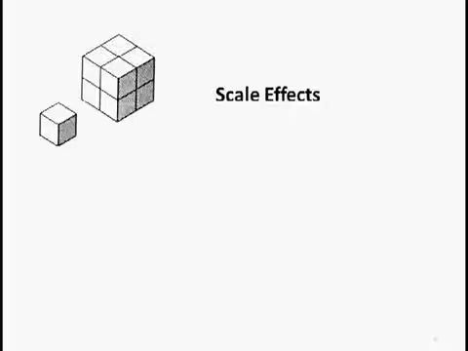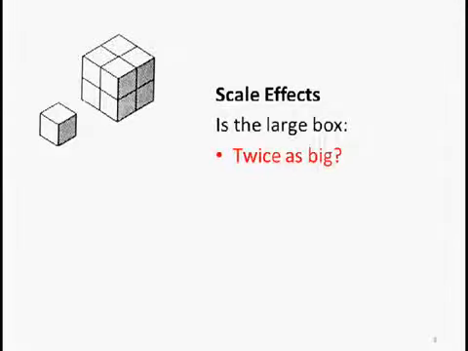Consider these two boxes. A seemingly simple question is, how much bigger is the larger box than the smaller one? But consider the question in more detail. If the boxes are measured by the length of their sides, their linear dimensions, the larger box is twice the scale of the smaller box. The area of the larger box is 4 times the scale of the smaller box.